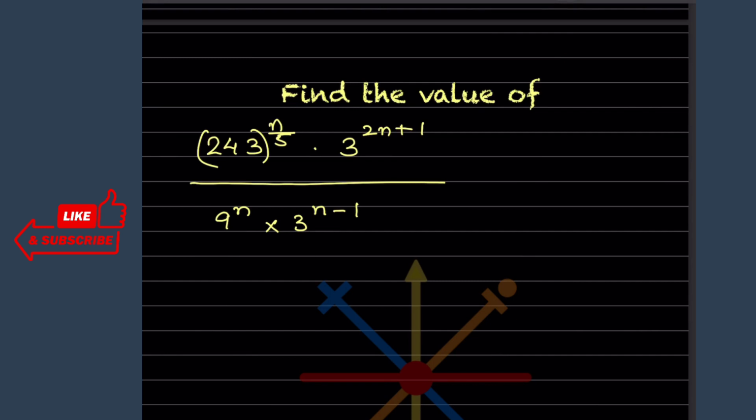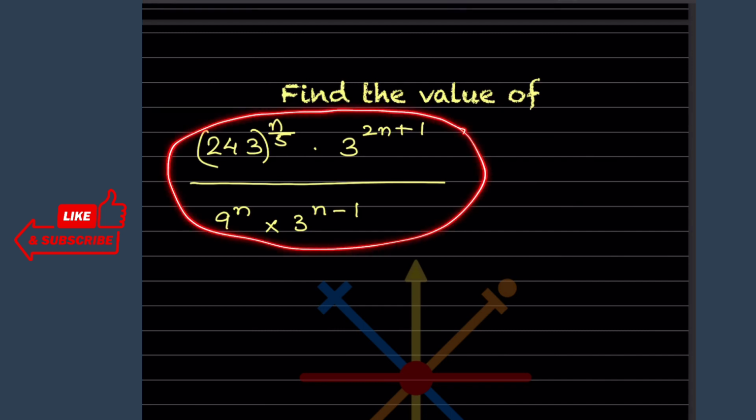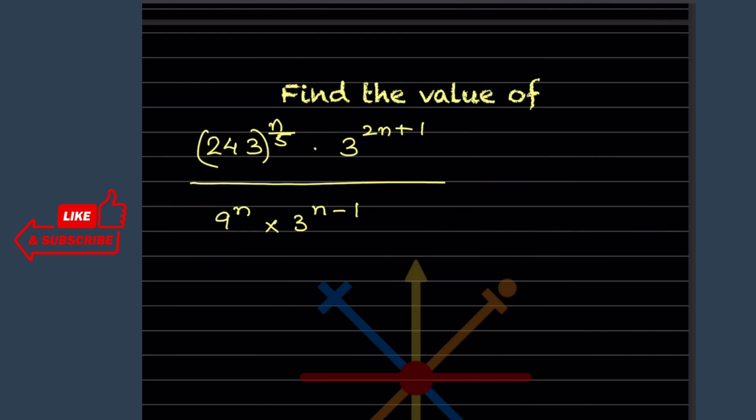So now today let us see the question over here, find the value of, this is the question. Now let us solve. So here 243 can be written as, if we take the factors of that, we can write that as 3 raised to 5 and this n by 5, that will be as it is.